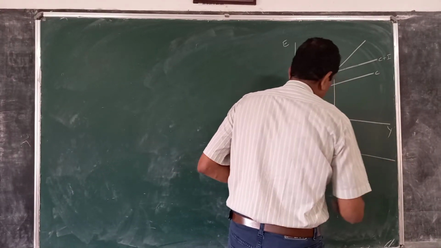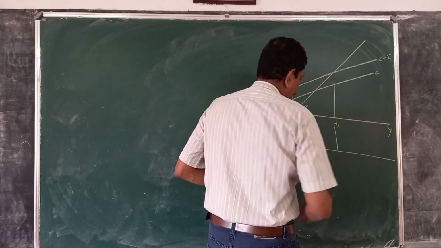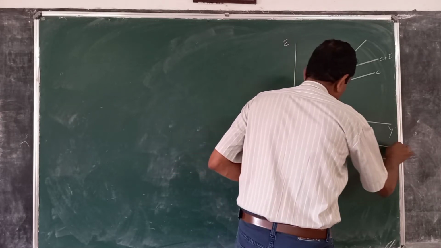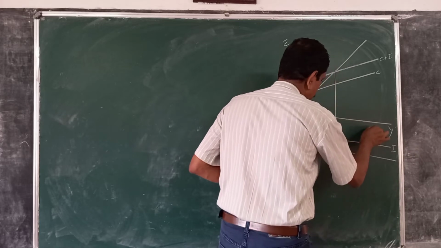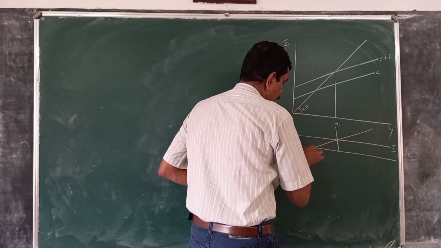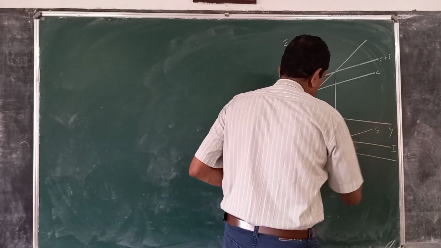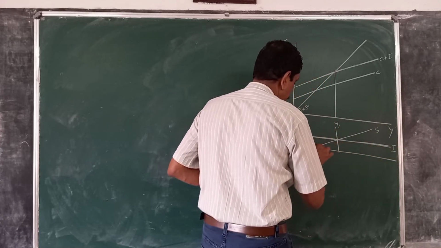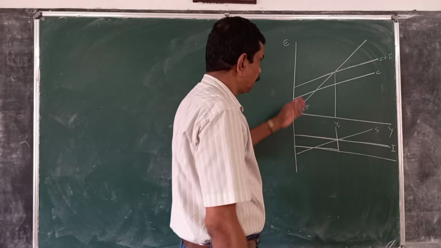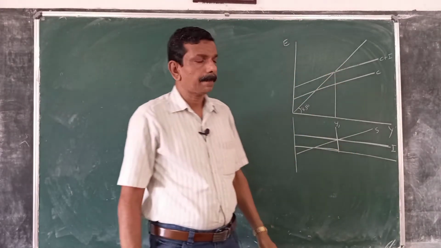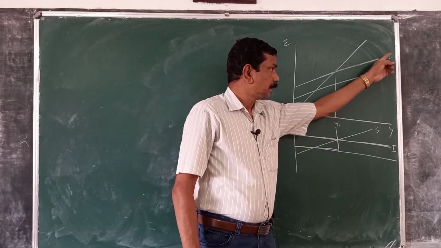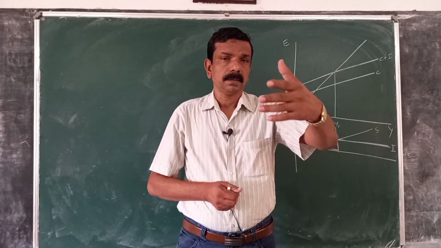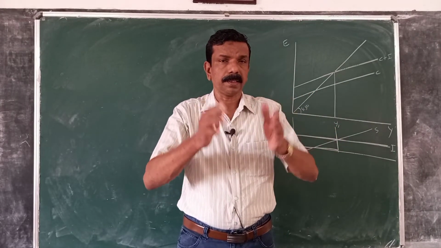Equilibrium level of income is y1, given by equality between I and S. In terms of saving and investment, equality between I and S. In terms of aggregate demand and aggregate supply, it is given by C plus I intersecting the 45-degree line, the aggregate supply line.